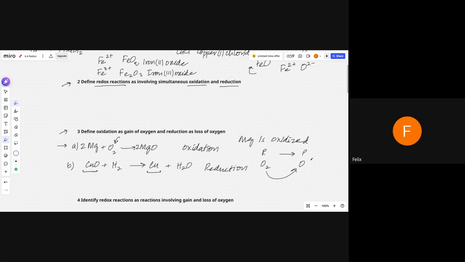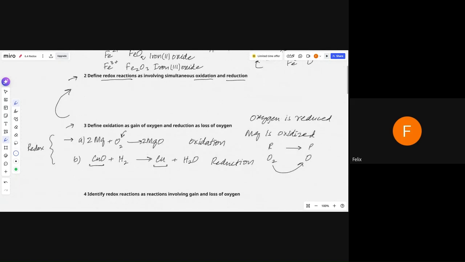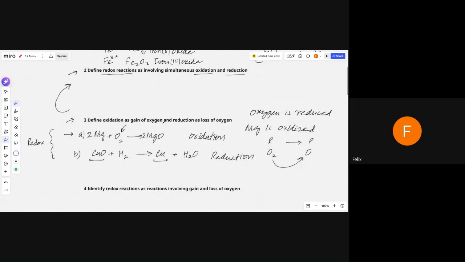So I can say that oxygen is reduced, right? So it is not contradicting the topic we discussed above. Both these reactions are redox reactions because oxidation and reduction are taking place simultaneously. But just for the sake of understanding, I was explaining with respect to magnesium and with respect to copper.